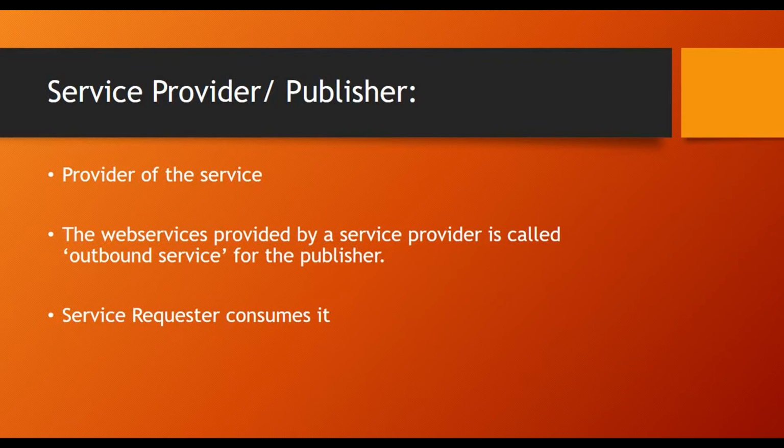The web services that you provide to others make you the service provider. The web services provided by a service provider, that is you in this case, are called outbound services for the publisher. If you have the calculator functionality, that calculator functionality web service will be called an outbound service. And all these services are consumed by a service requester or service consumer.